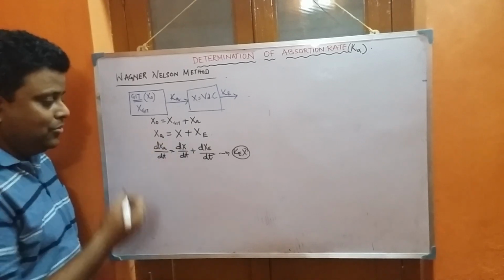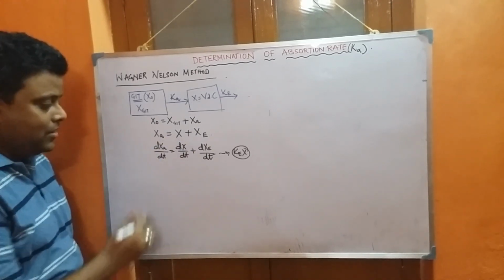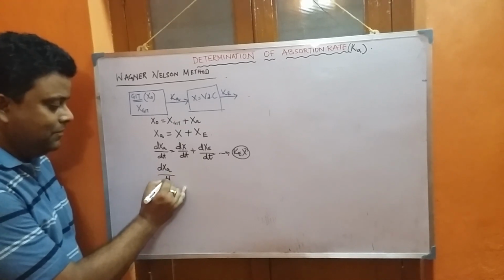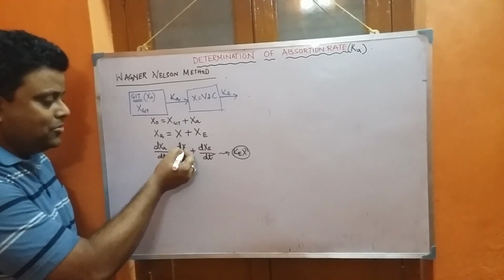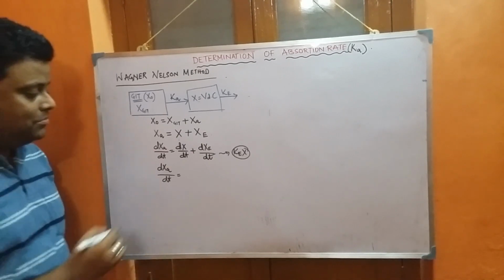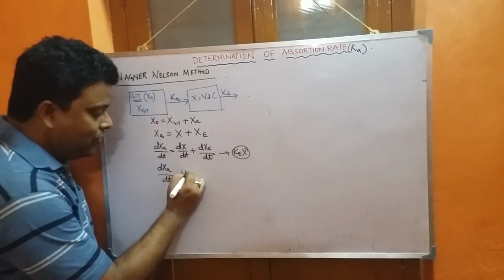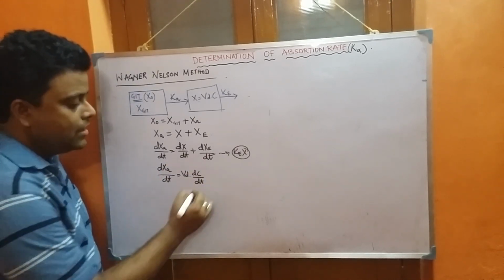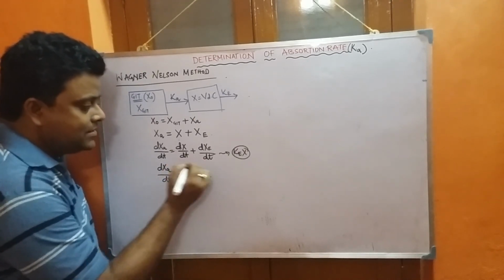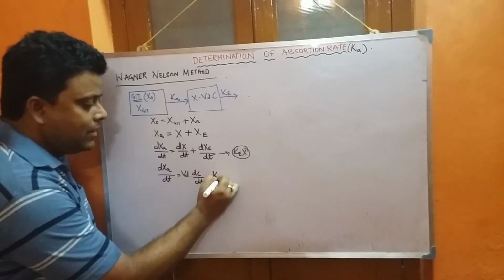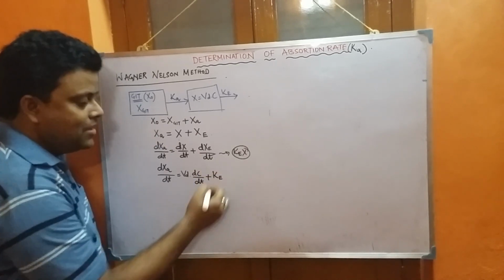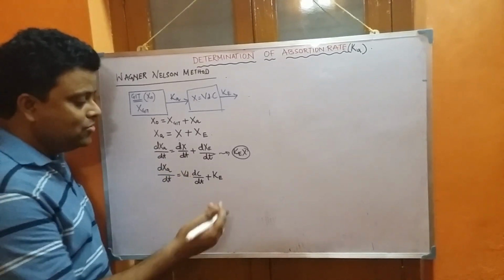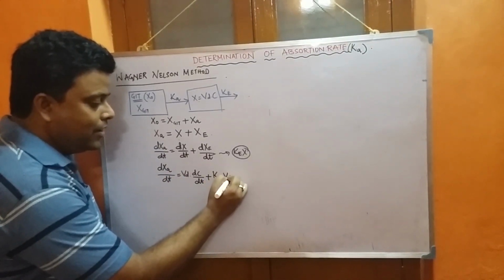And if we consider this value, what we can write is dXA by dt equals, if you want to change it to the concentration term, Vd into dC by dt plus KeX. So X can also be converted into the concentration term.